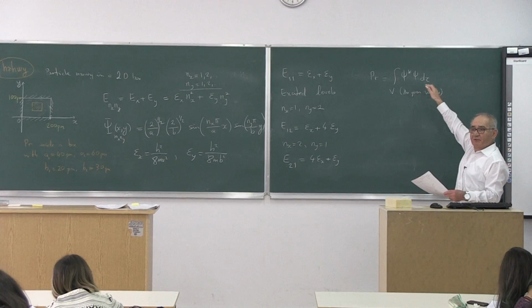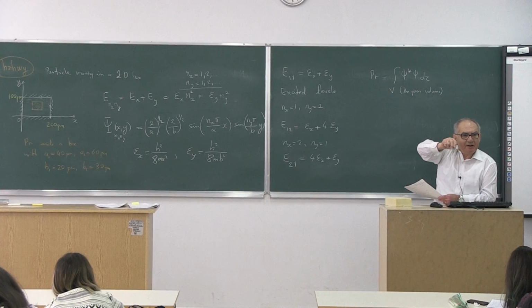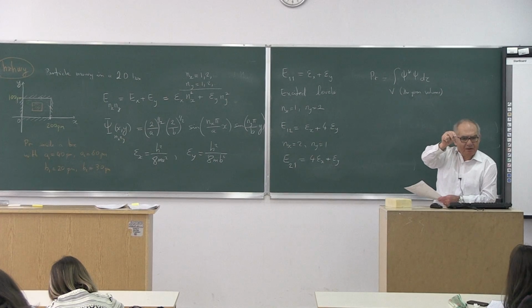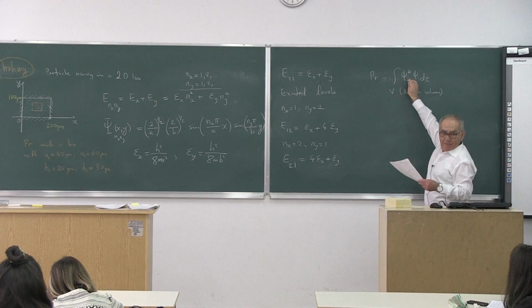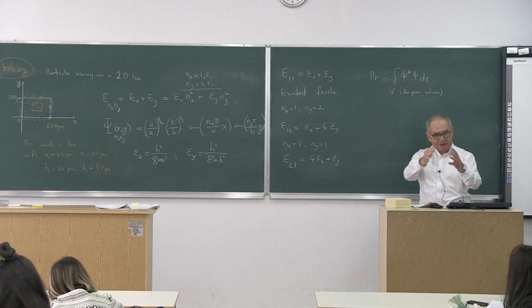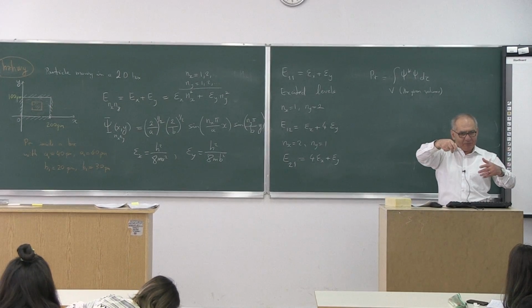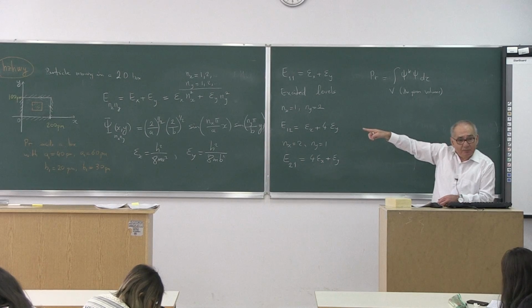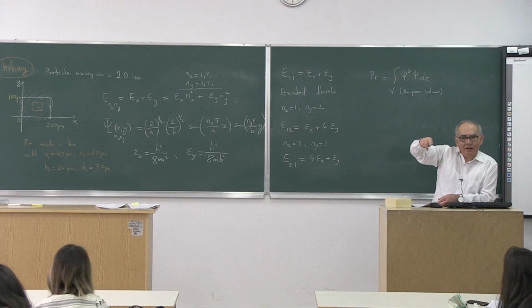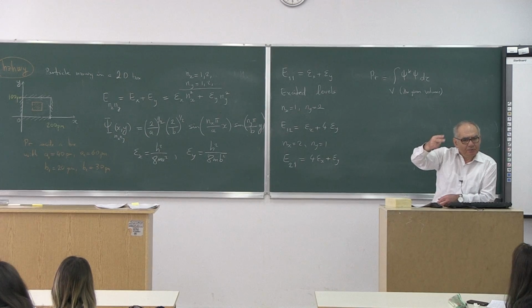This is the general definition, all right? For a very small volume, the probability is without the integration sign, this expression. But if the volume is a larger volume, then we have to add up, which means we have to integrate. In this problem, we have how many dimensions? 2 dimensions.